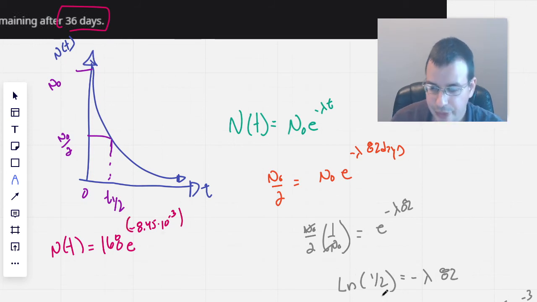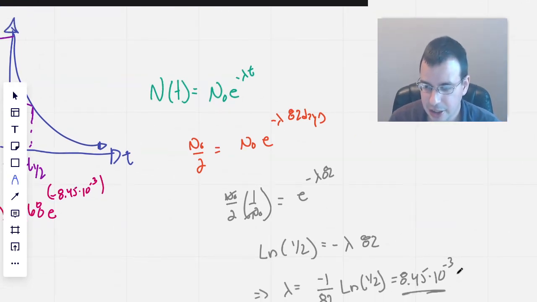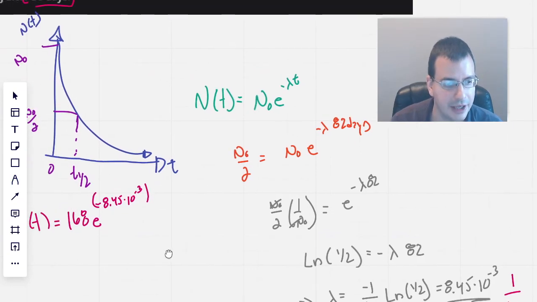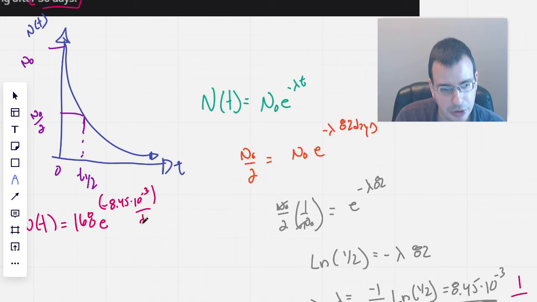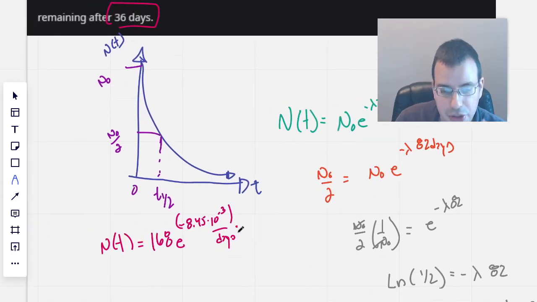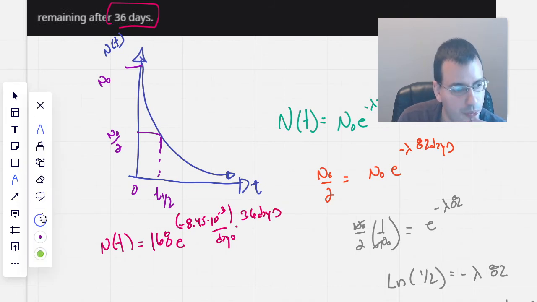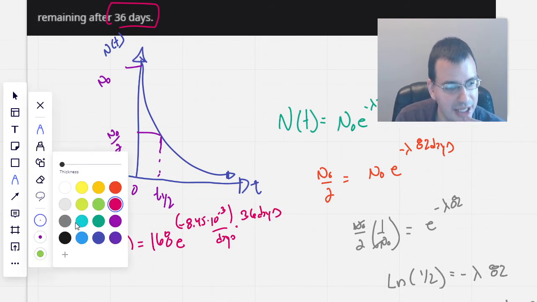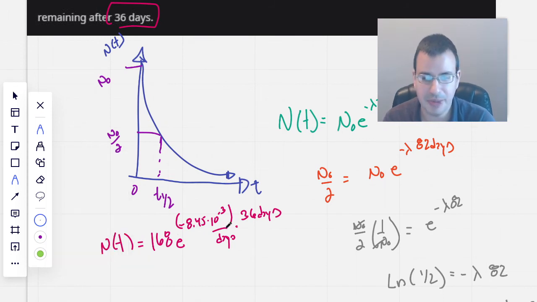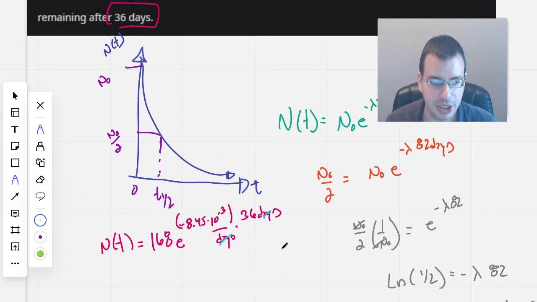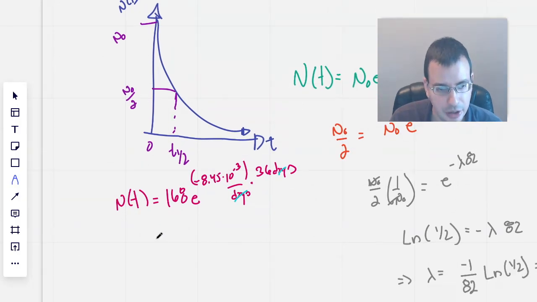The units for this are actually per days, 1 over days. And we're going to multiply that by the time, which is 36 days. So we're raising e to a dimensionless value here, because the days cancel and we're left with just those two numbers multiplied together.